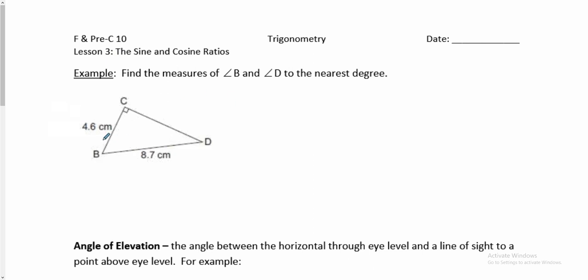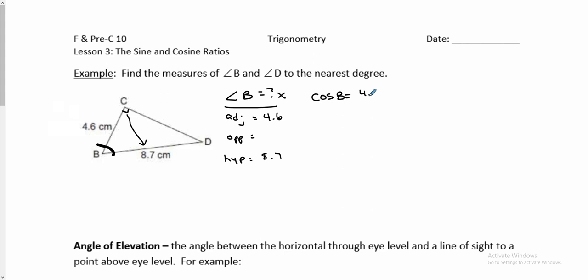Now we're going to use this knowledge and find the measure of angle B and angle D to the nearest degree. So if we look at angle B, let's make our identifier. Angle B says what we're looking for. We can also call this X. Our side adjacent is 4.6. Our side opposite, we don't know. And our hypotenuse, which is across from the right angle, is always 8.7. Given adjacent and hypotenuse, we're going to use cos.